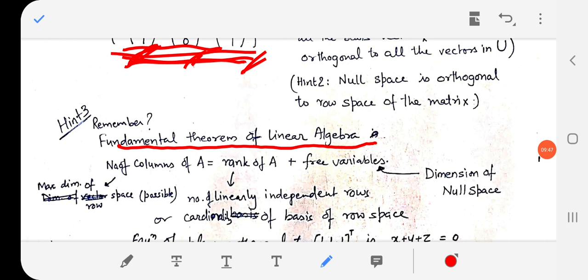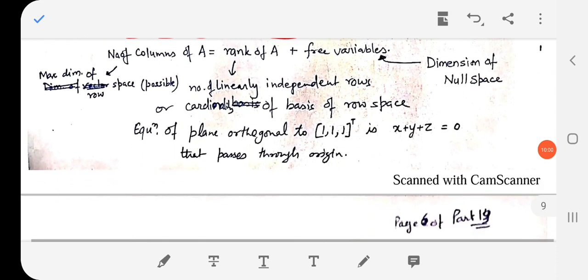And the null space is the orthogonal complement of the row space, because every row of the matrix will be orthogonal to every vector of the null space.